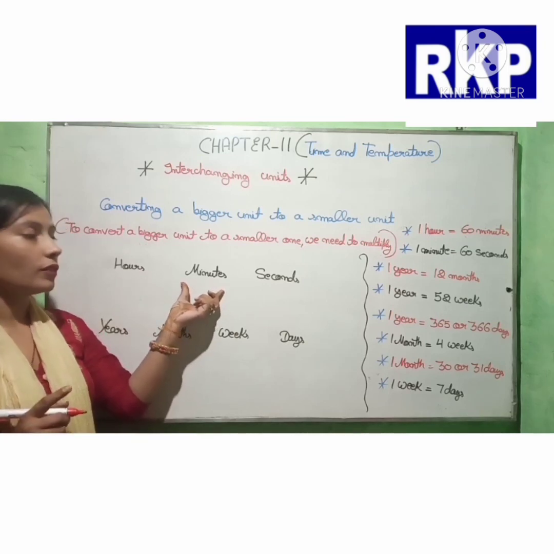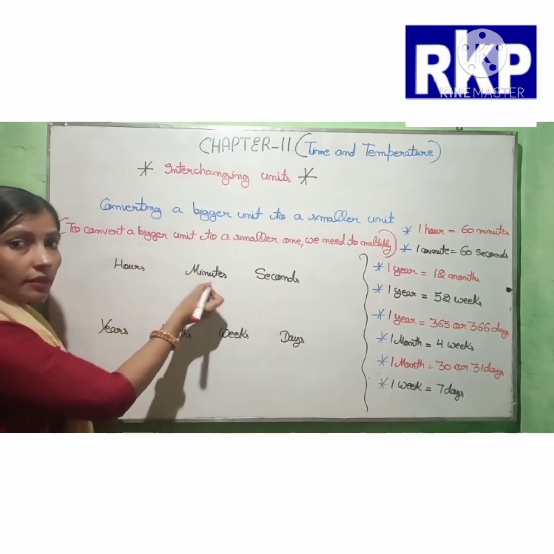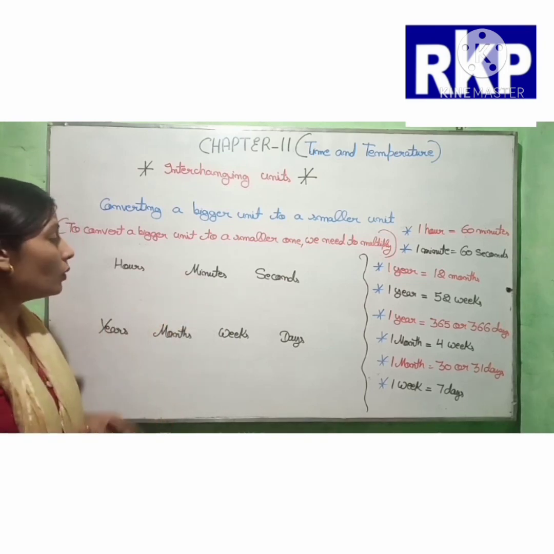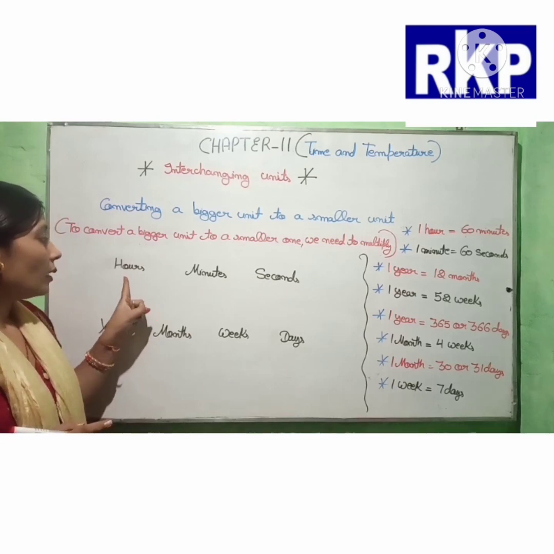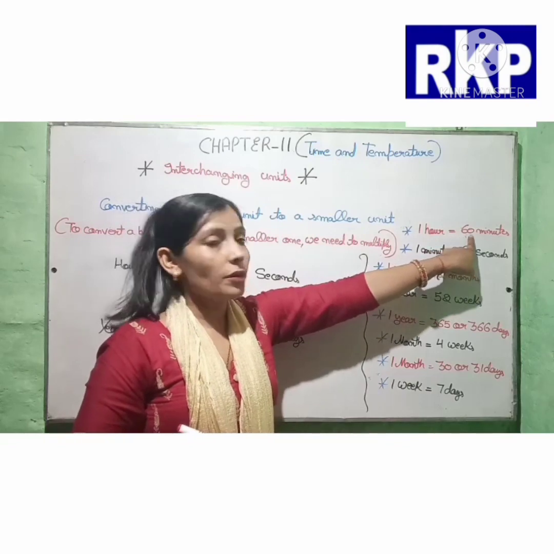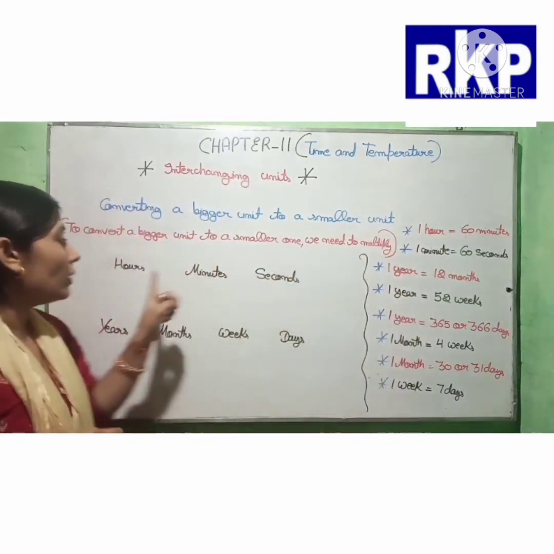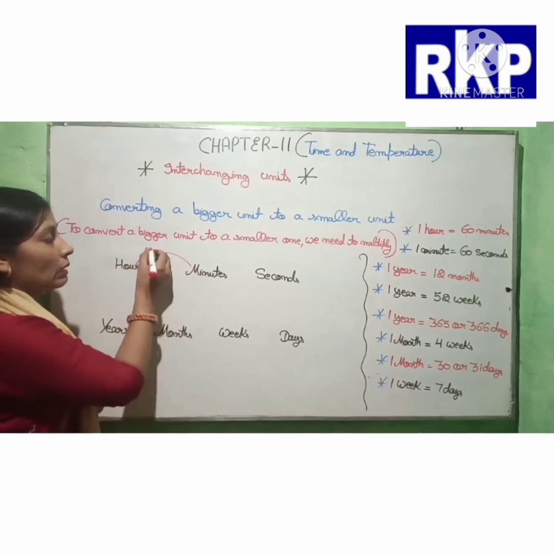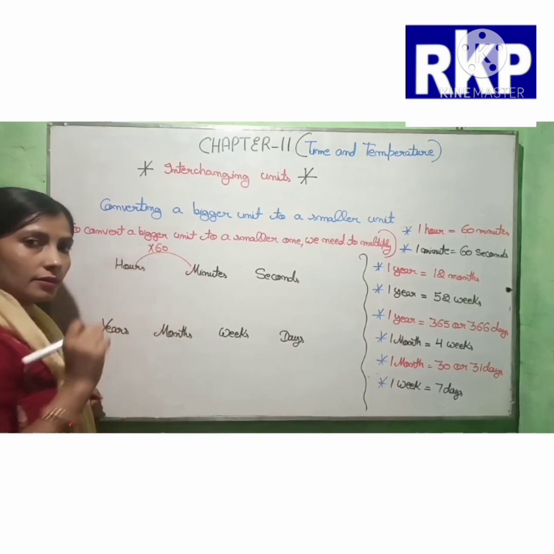So when we convert hours into minutes, then we need to multiply. But by which number, beta? You know what is the relation between hour and minute? Yes. 1 hour is equal to 60 minutes. Okay. So when we convert hours into minutes, then we need to multiply by 60.